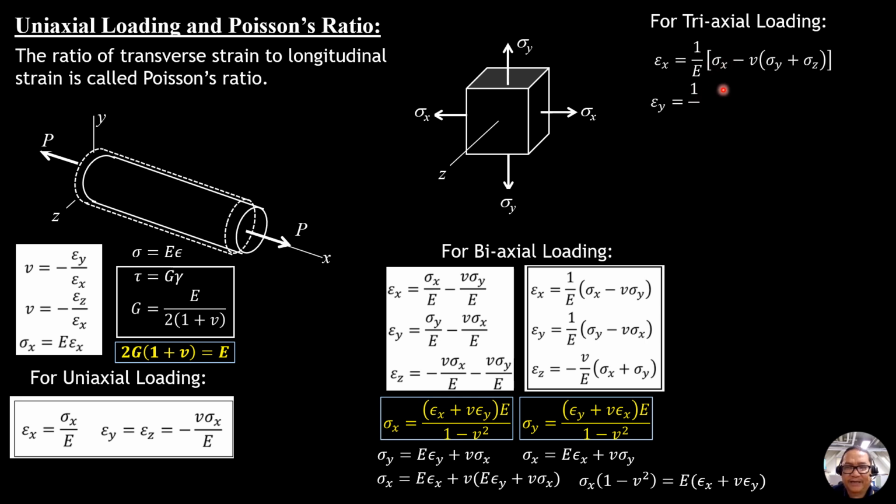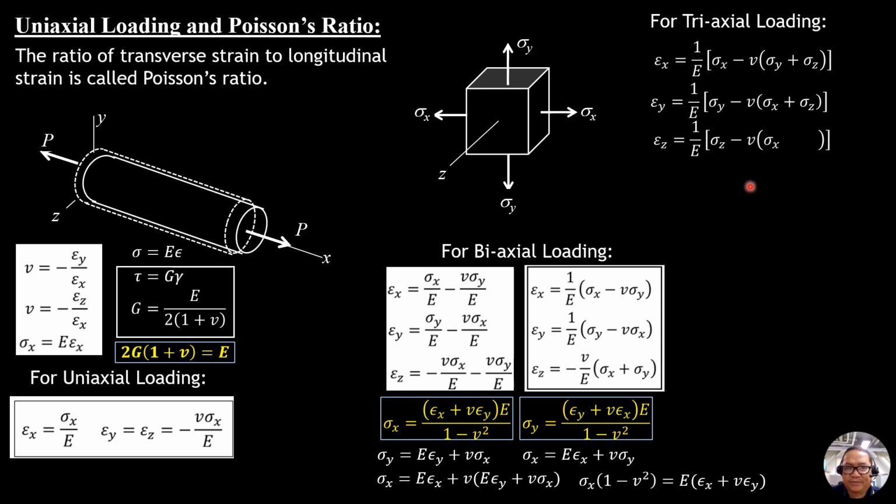It is 1 over E quantity sigma Y minus Poisson's ratio quantity sigma X plus sigma Z. Then strain along Z is 1 over E sigma Z minus Poisson's ratio sigma X plus sigma Y.